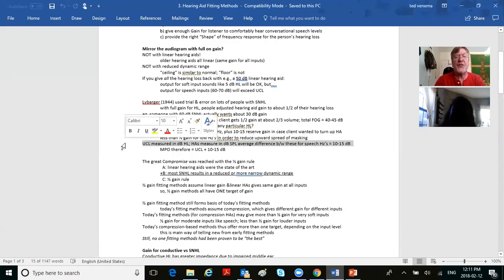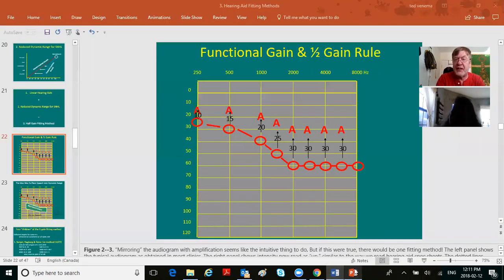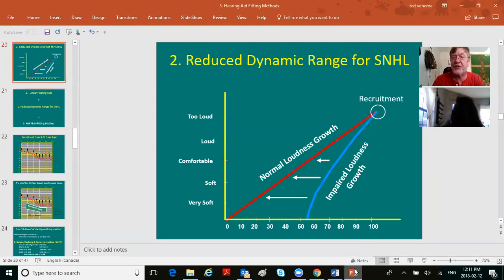And then UCL, loudness discomfort. Hearing aids are measured in SPL, while hearing loss is measured in dB HL, right? And the average difference, now look, here comes Cookie. Look very carefully at the screen because I'm going to show you what I mean.